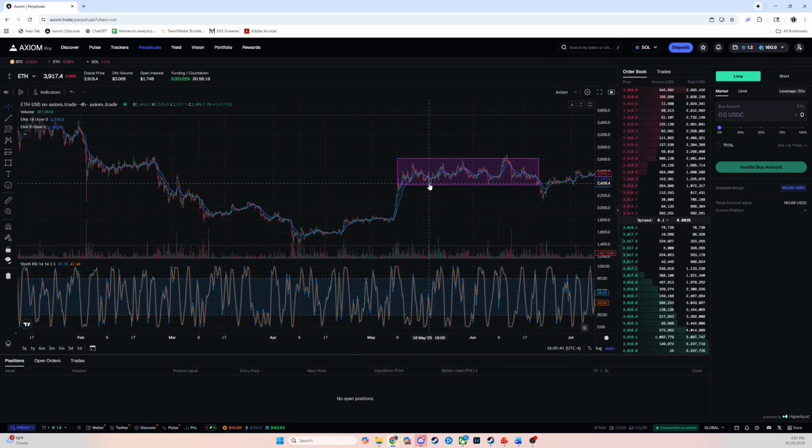Price loves to bounce between 2,700, 2,300, 2,700, 2,400, and then 2,700, 2,400 or 500, back to 400, almost had a breakout, and then it broke this support at 2,400, nuked all the way down to 2,100.